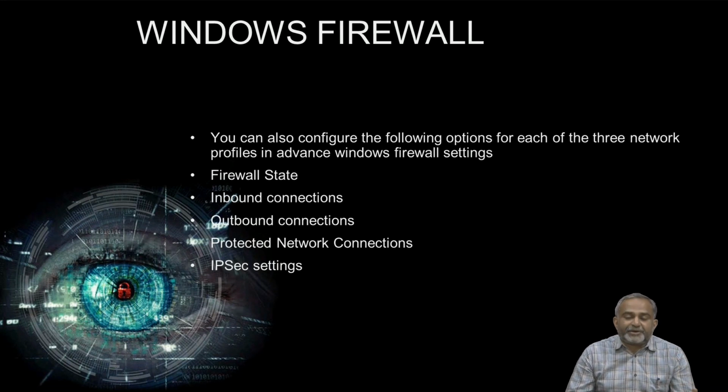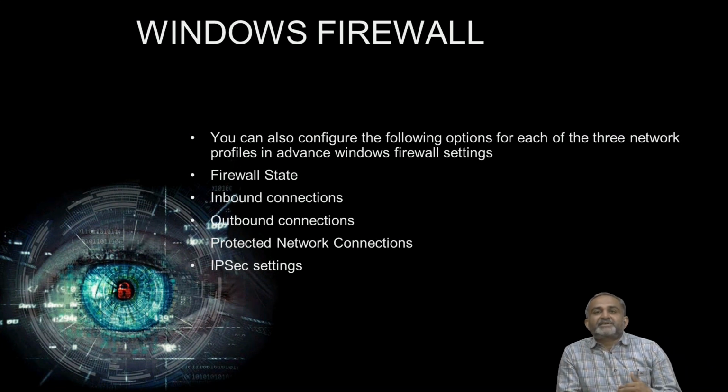Now, in an advanced security Windows firewall, in the three network states which we have discussed, the network administrator or user can configure the following options: firewall state, inbound connection, outbound connection, protected network connection, and IP security settings.